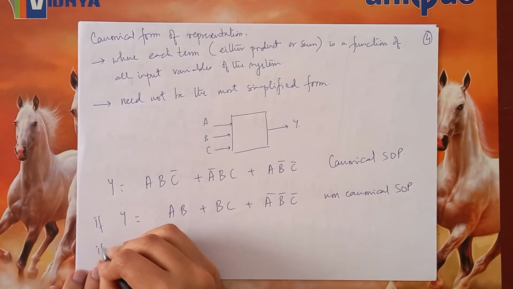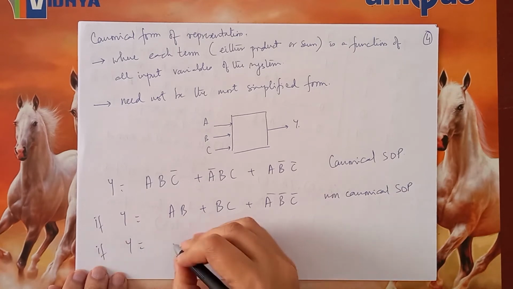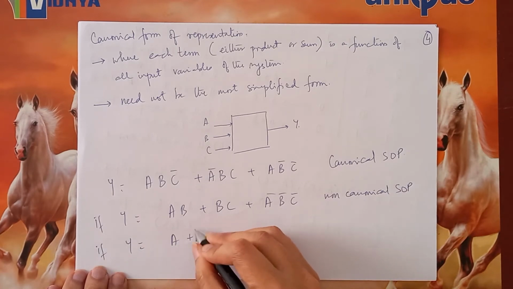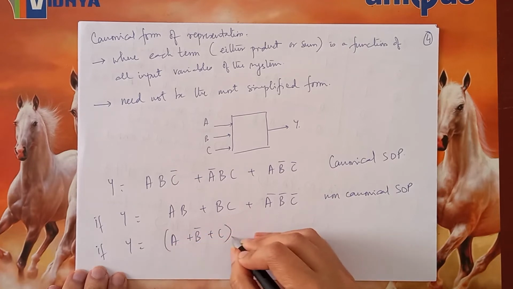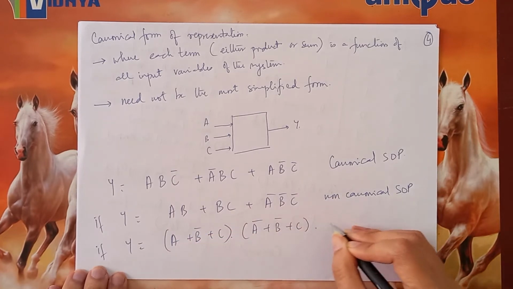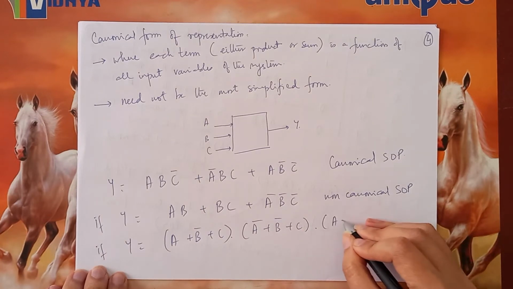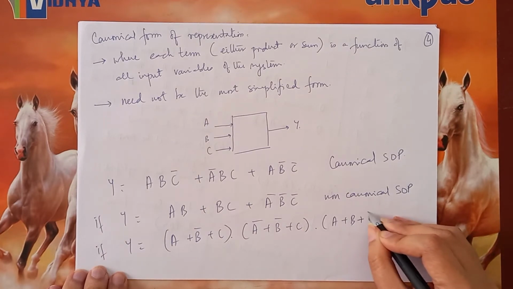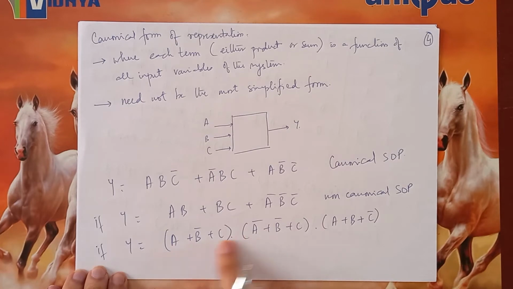Likewise, if Y equals (A plus B bar plus C) dot (A bar plus B bar plus C) dot (A plus B plus C bar), this is a POS form, a product of sums, where each individual sum term is a function of all of the input variables of the system.